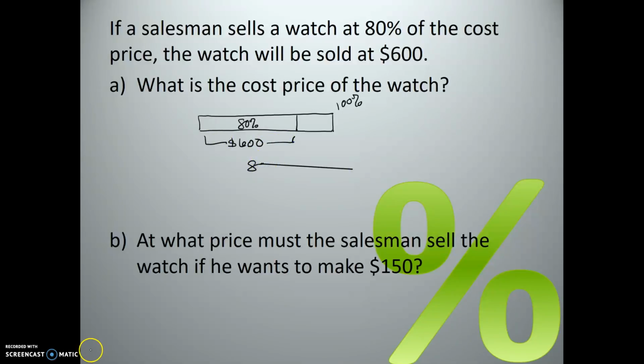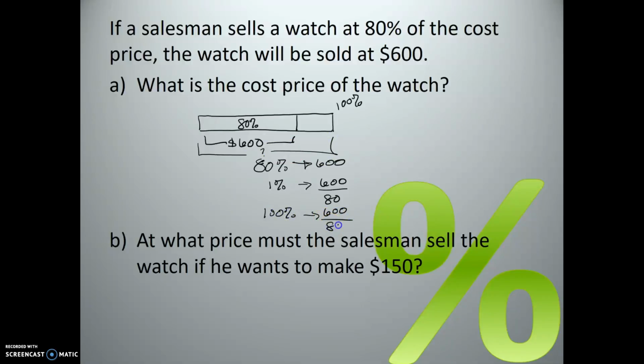So 80% equals $600, and so 1% is 600 over 80, and we want to find out the cost price, which is the 100%. So 100% is 600 over 80 times 100 over 1, and we will cross cancel here and here.